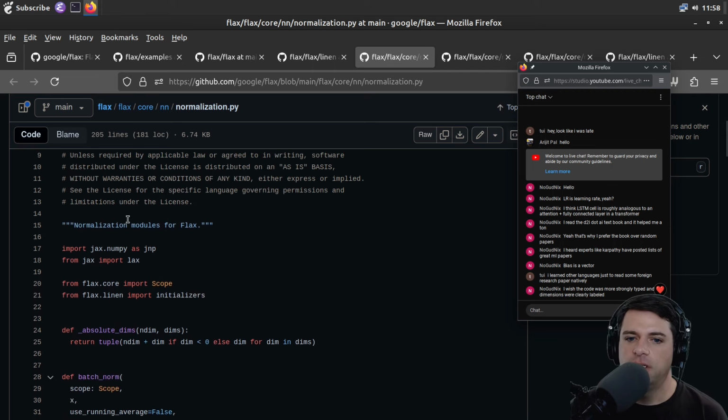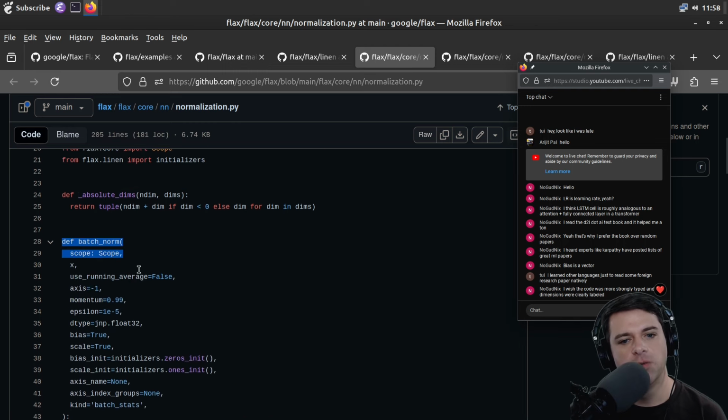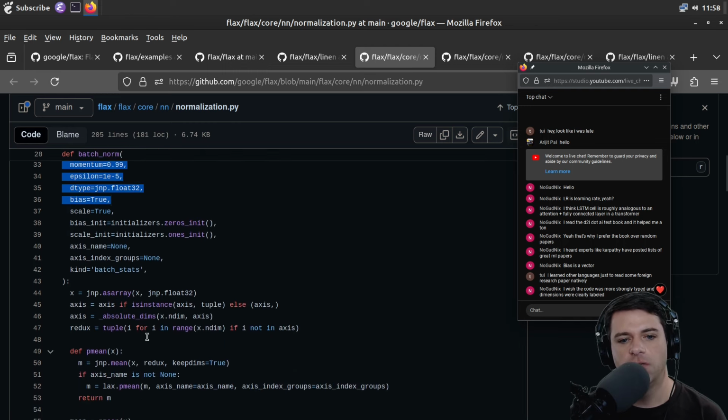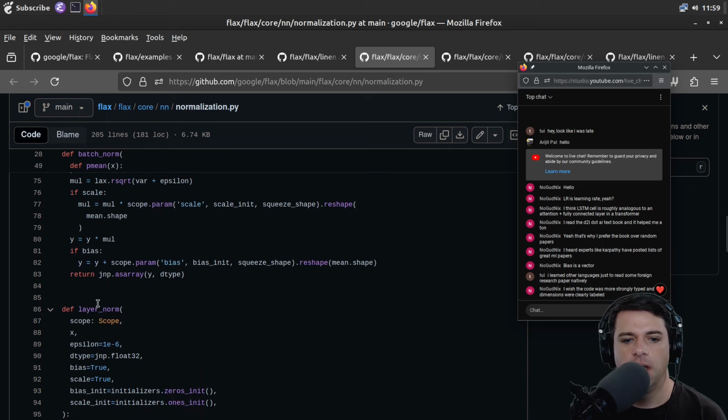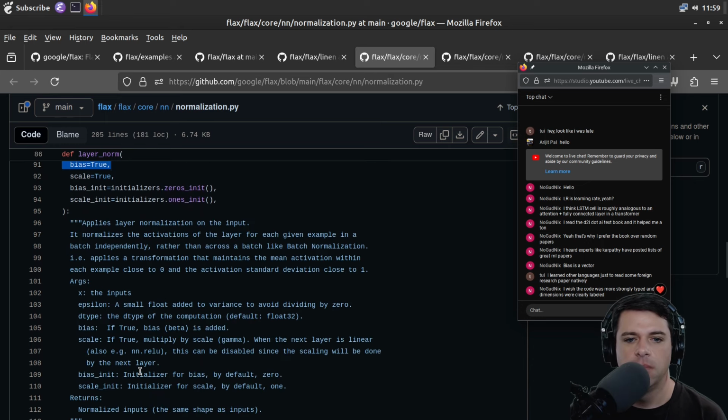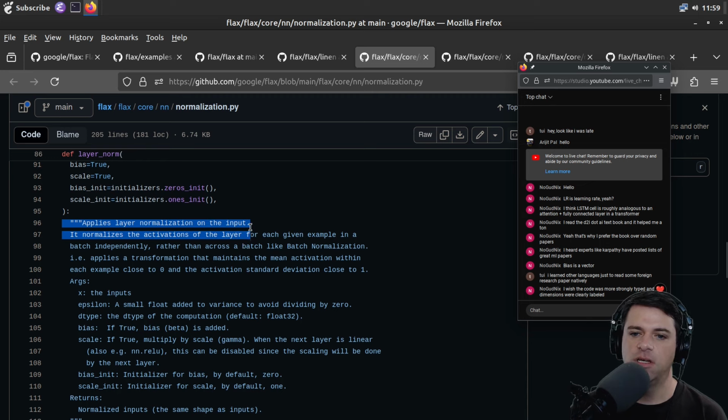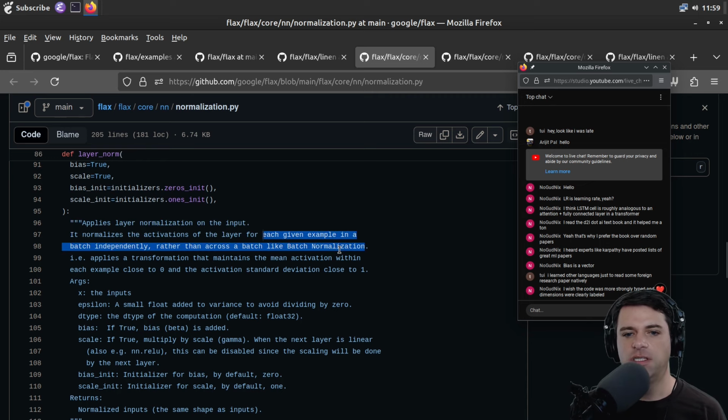All right, so normalization is normalization modules for Flax, like the batch norm, which I've heard of. I don't really know what it is. The layer norm applies layer normalization on the input. It normalizes the activations of the layer for each given example in a batch independently, rather than across a batch, like batch normalization.